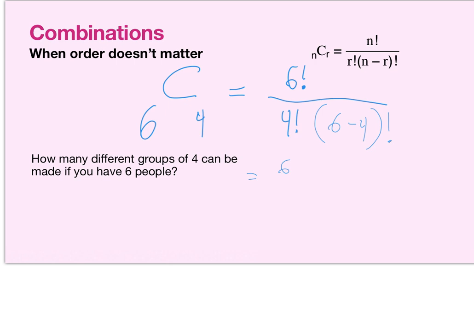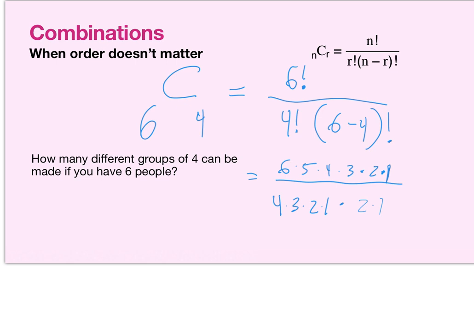So in other words, I'm going to have 6 times 5 times 4 times 3 times 2 times 1 in the numerator. In the denominator, I have 4 times 3 times 2 times 1, and then 6 minus 4, which is 2, so it's 2 times 1 factorial.